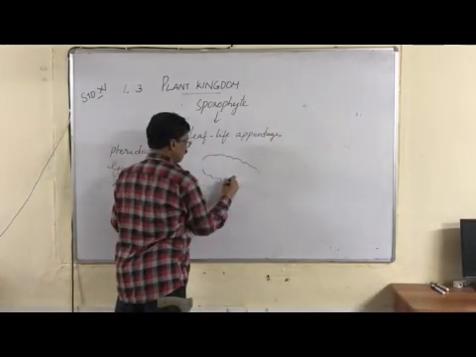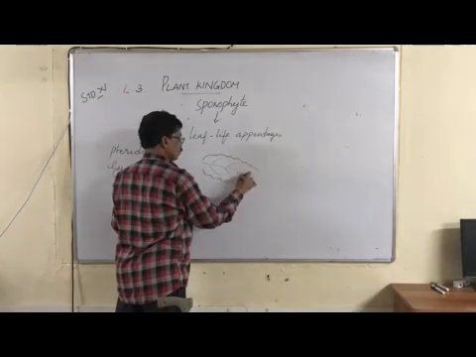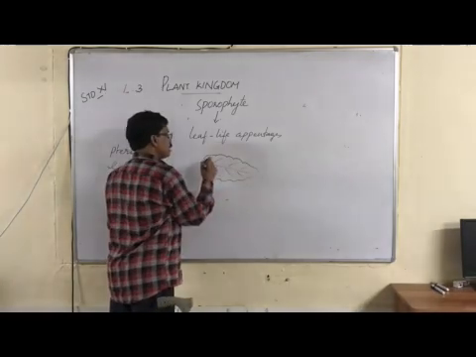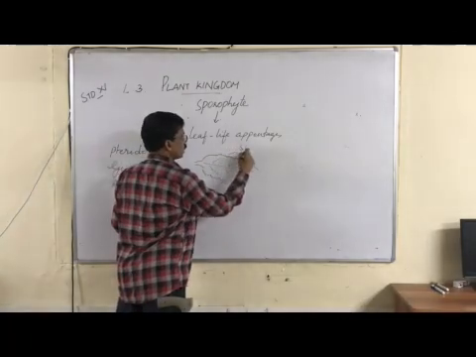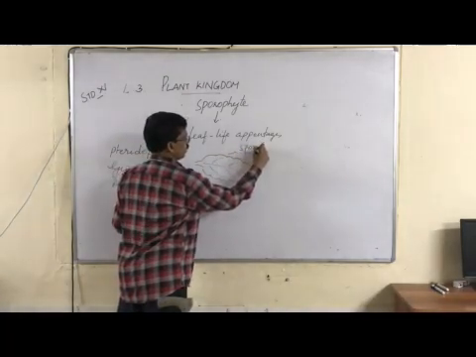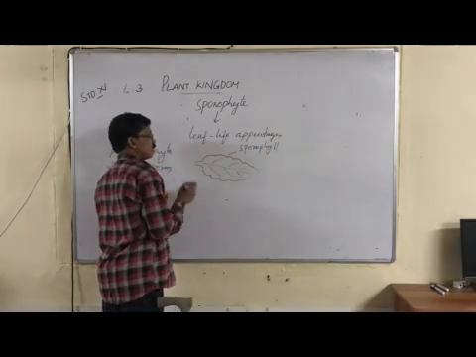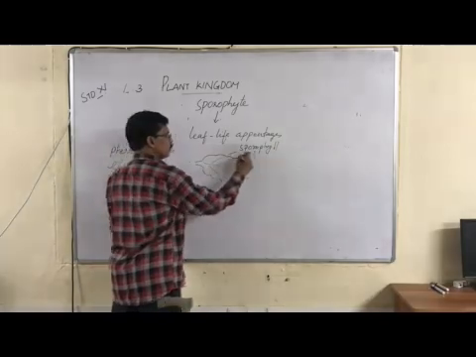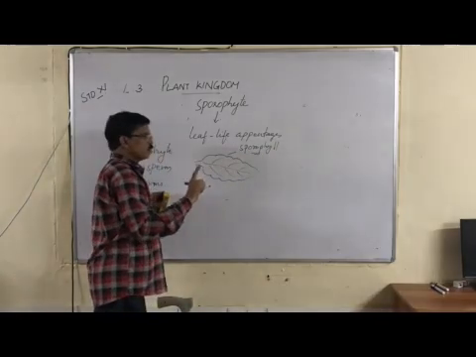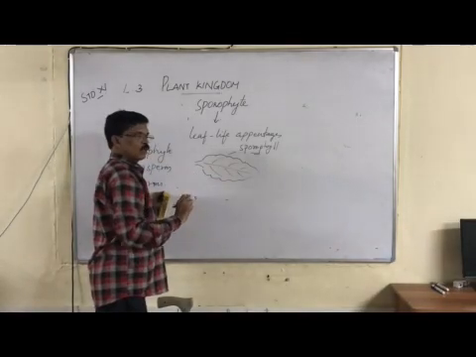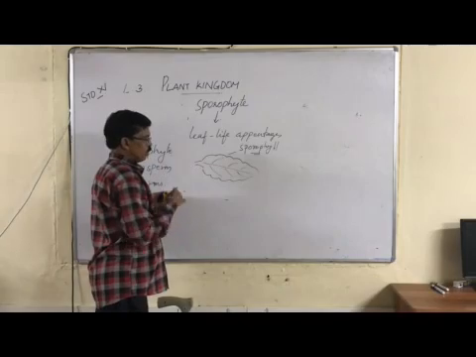They produce leaf-like appendages, but actually they are considered true leaves. And these leaf-like appendages we call sporophylls. So what are sporophylls? Sporophylls are leaf-like appendages in pteridophytes. This word sporophyll comes only in pteridophytes, not in bryophytes. In bryophytes we do not say sporophyll because there is no true leaf there.